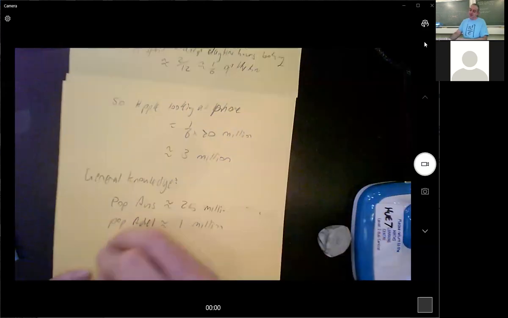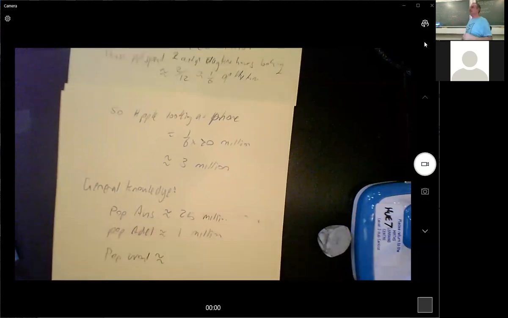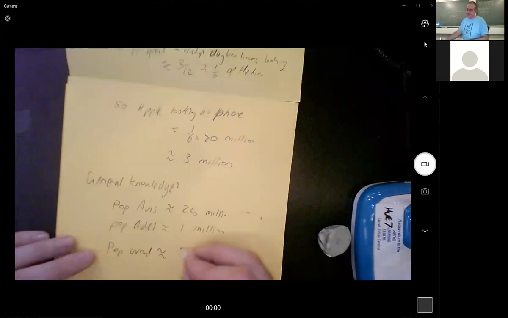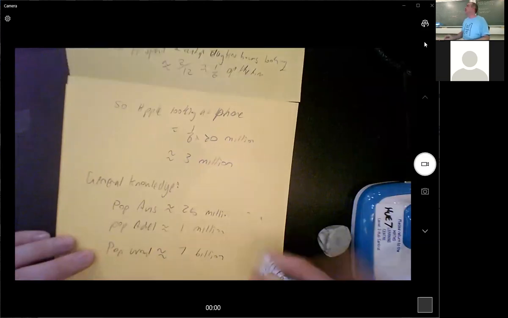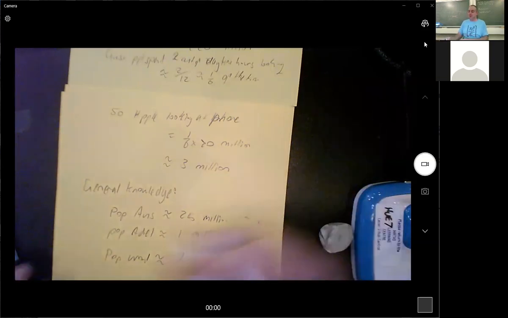And the population of the world, what are we? Are we up to 8 billion yet, or are we still in the 7 billions? I think we haven't cracked 7.5 billion yet. So these are useful general knowledge things about populations that are not the worst things to know, just for future reference.